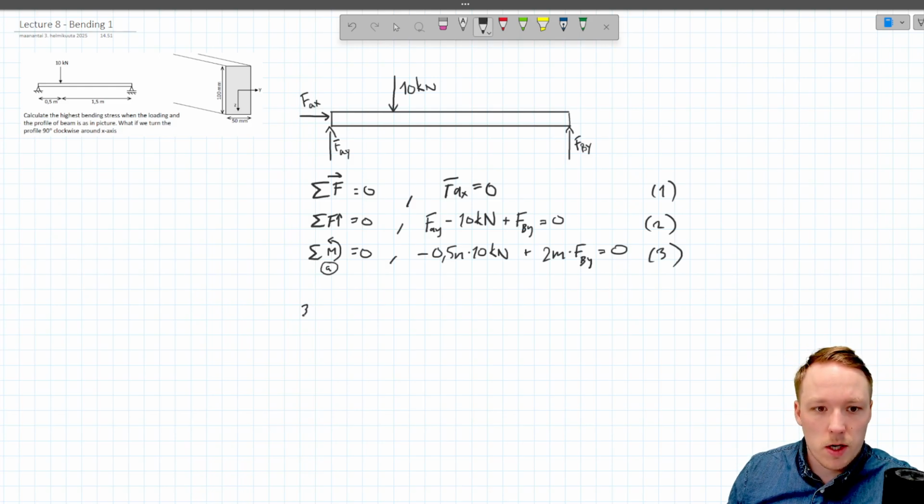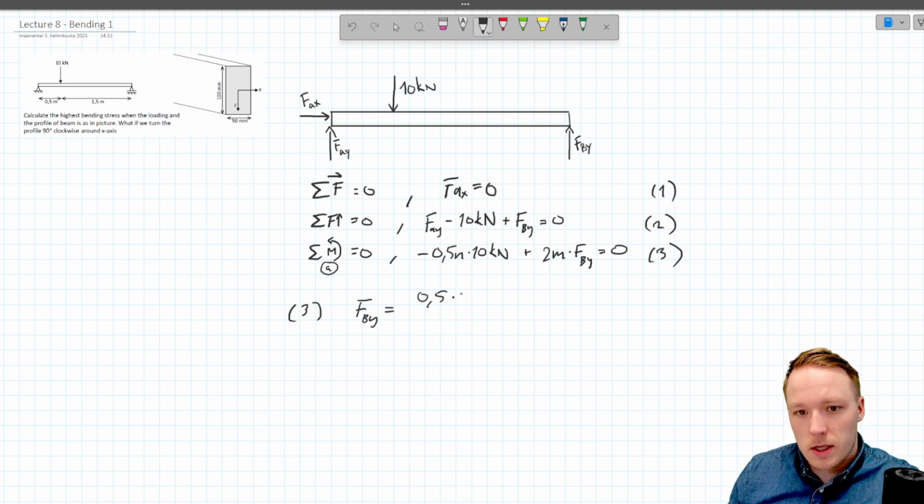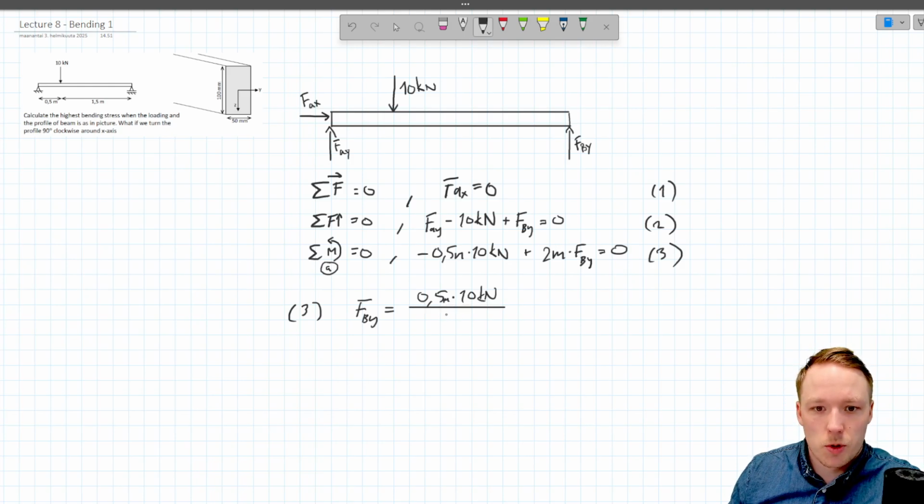And from equation 3 we can simply solve that the FBY equals to 0.5 times 10. Let's add the units, meters, kilonewtons, divided by 2 meters.